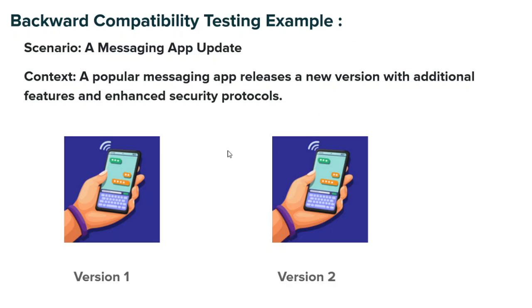Now what is backward compatibility testing? Let's take a simple example of a messaging application. Let's say a popular messaging application releases a new version with additional features and enhanced security protocols. Let's say there is an application on version 1 and they have released the latest version, version 2.